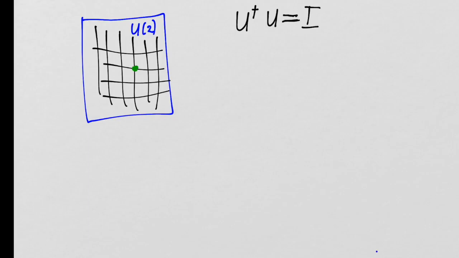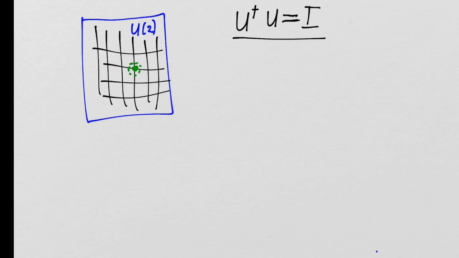All right, so what do we know? We know this formula. Now notice that U is just a member of this group. We're not saying that the determinant of U equals 1. If we were, then this would be SU2. But we're just using U, so all we know is this expression here. All right, so we go to this group and we say, let's look right around the identity.